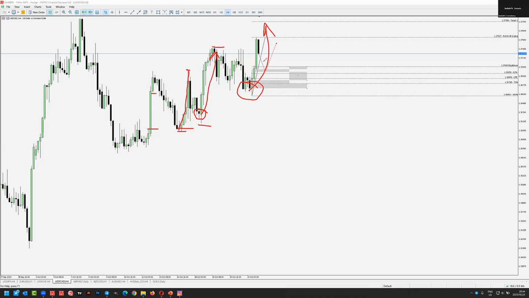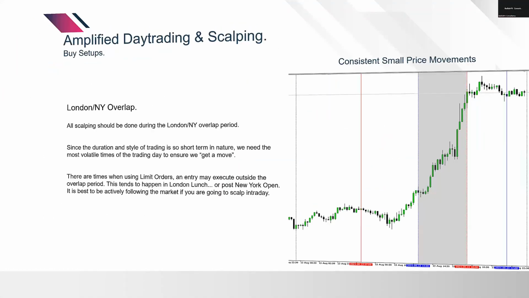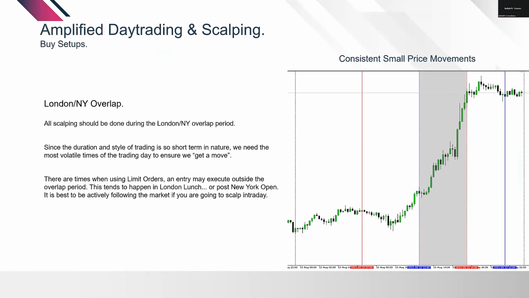You see? So you need to be in a position to see or have a clear understanding of offset accumulation and re-accumulation. Now, it's going to help you in knowing exactly where is the market, right? Is the market bullish? Where is the market during London? Where is the market during New York session?